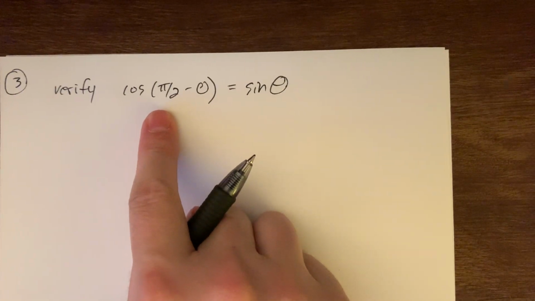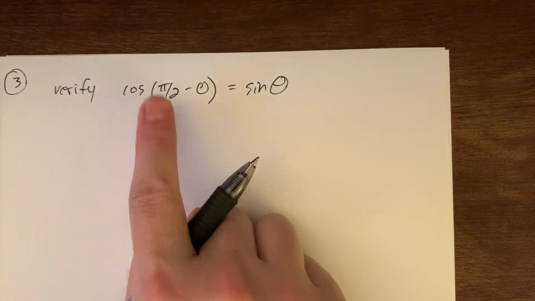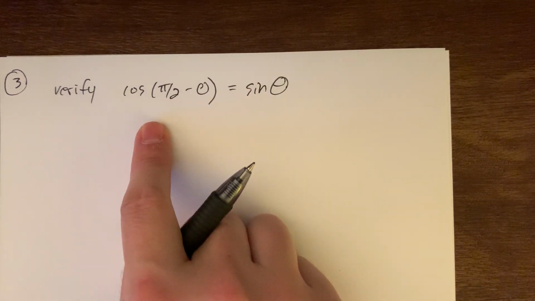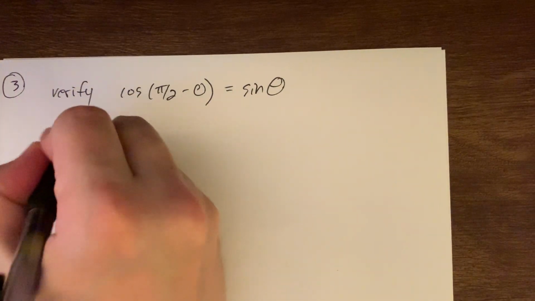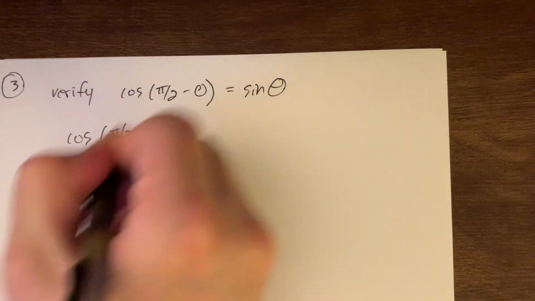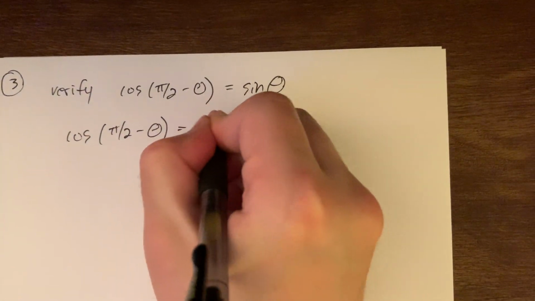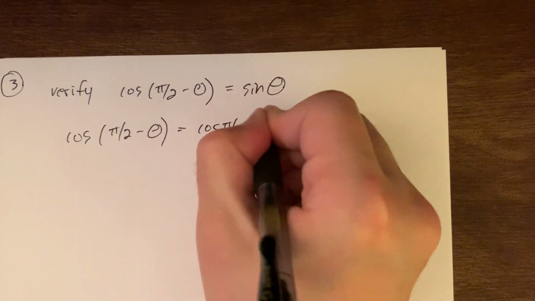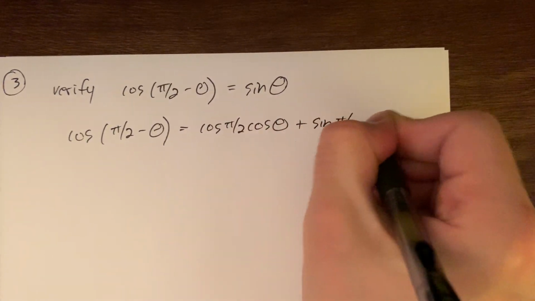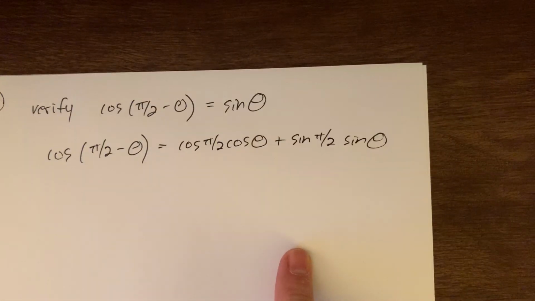I use pi over 2 just because before I was using degrees, I wanted to remind you of radians. But this is another verify. Pick a side. Well, I'll pick this side. Why will I pick this side? Because I've got a formula that'll allow me to work on this. This will become cosine of pi over 2 cosine of theta plus sine of pi over 2 sine of theta.